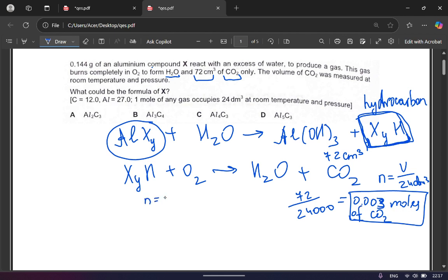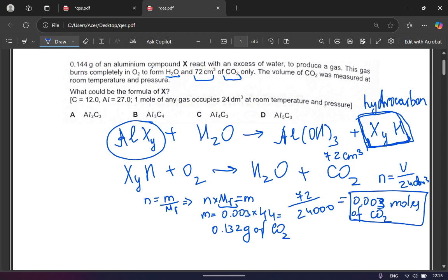To do that, we rearrange this formula to find the mass of carbon dioxide. And now let's plug in whatever values we have. The molar mass of carbon dioxide is 44, so we're going to have 0.132 grams of carbon dioxide.